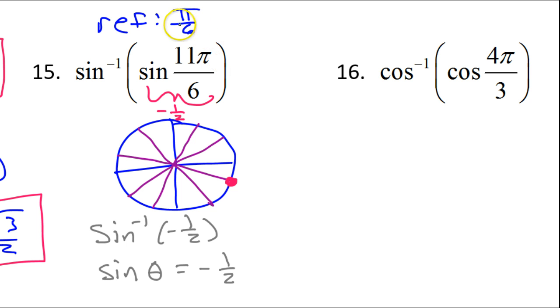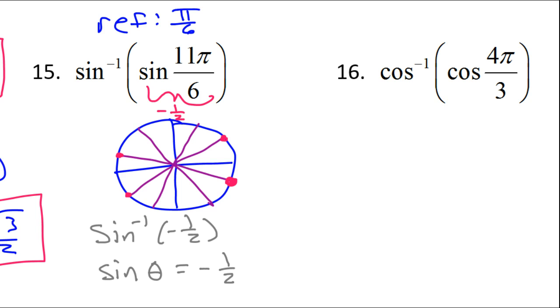Now, we already know from what we've done that the reference angle is pi over 6. So let's skip to the part where we say there are 4 angles that will give me some type of a 1/2. They are here, here, and here. But we need the 2 that are going to give me a negative sine answer.